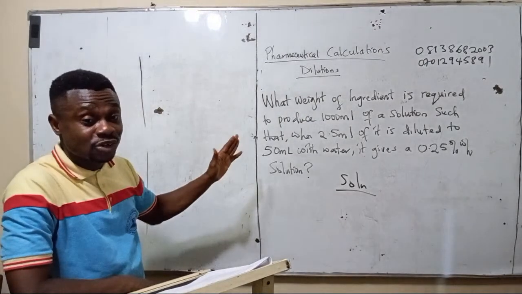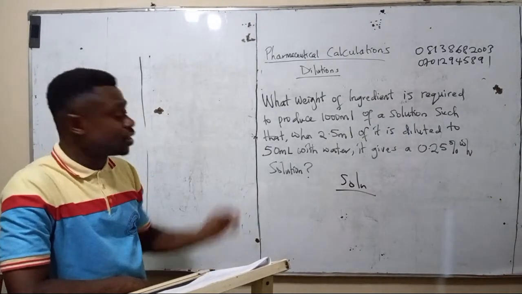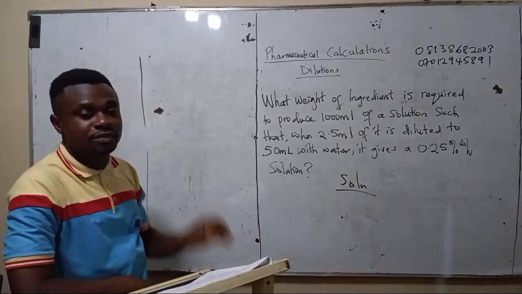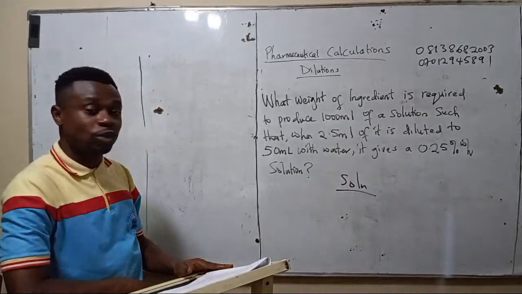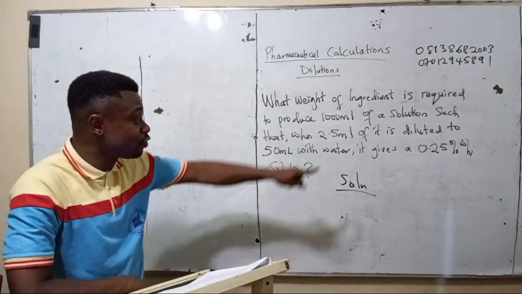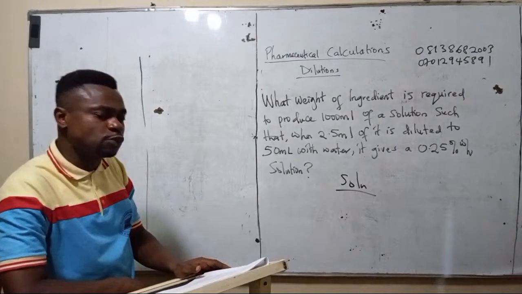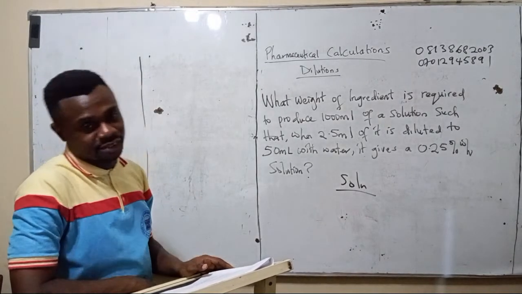This will serve as the stock solution. So from this stock solution, 2.5 mil was taken and diluted to 50 mil with water to produce a concentration of 0.25% weight in volume. The question is now to calculate the weight of that ingredient.